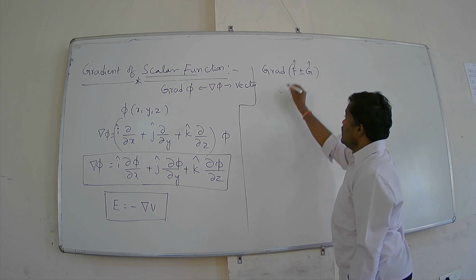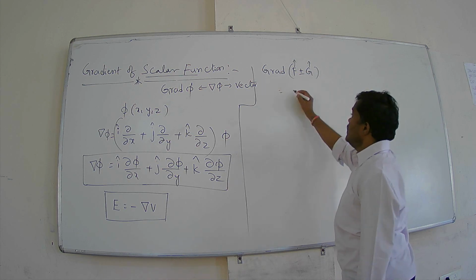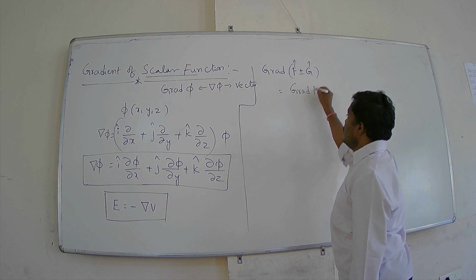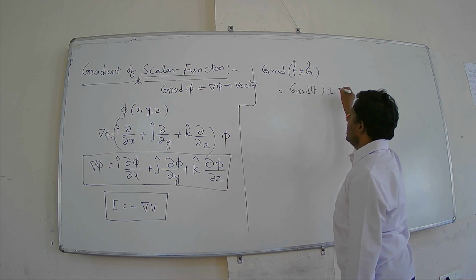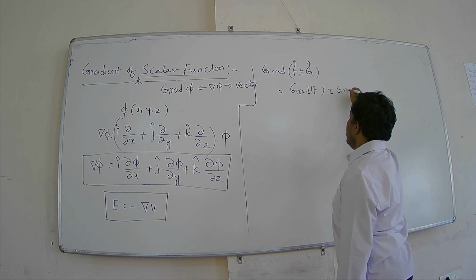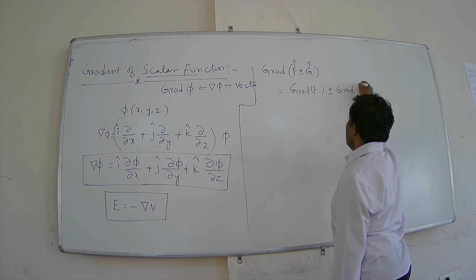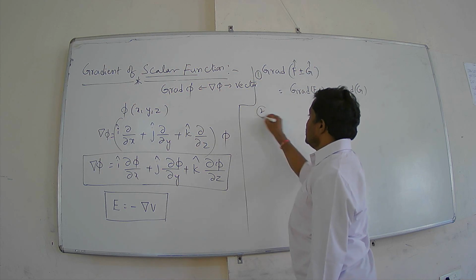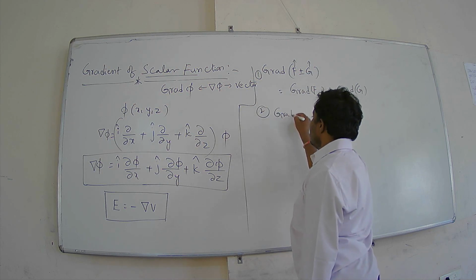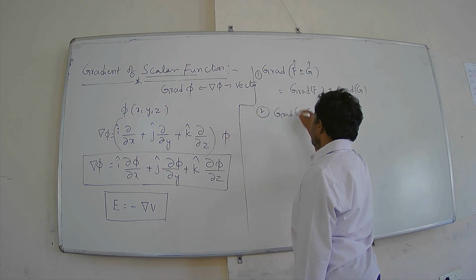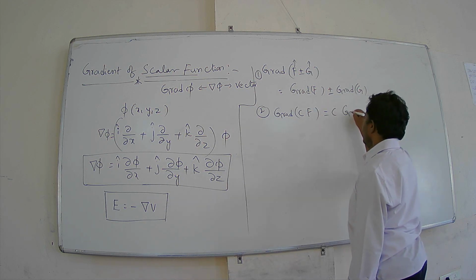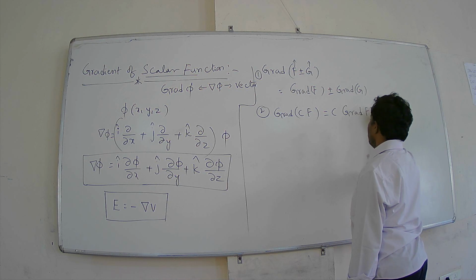Then the gradient of f plus or minus g can be represented as grad f plus or minus grad g. Similarly, another property is the gradient of c times f, where c is a constant, which is c times grad f.